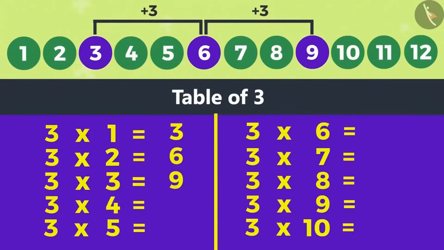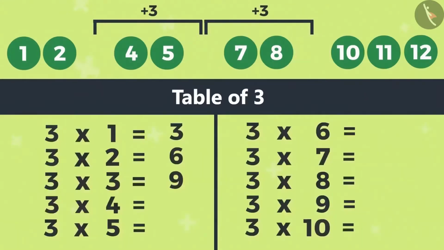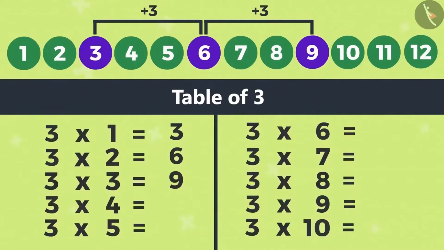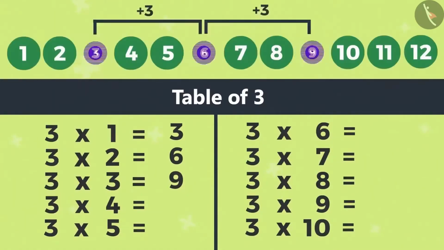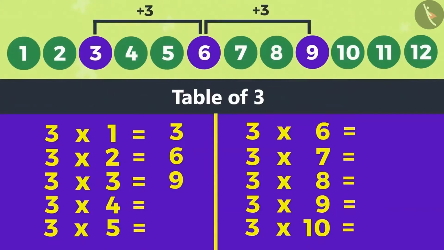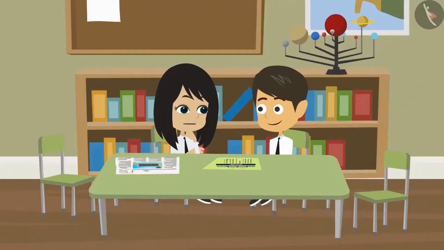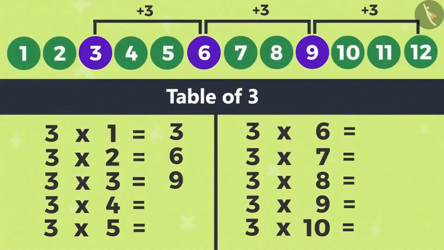You see, to write the multiplication table of 3, we are writing every third number. Instead of adding again and again, if we read out every third number of these numbers, we get the multiplication table of 3. Yes, it seems so. I will try. Right now we are at 9. 3 numbers from 9 is 12.